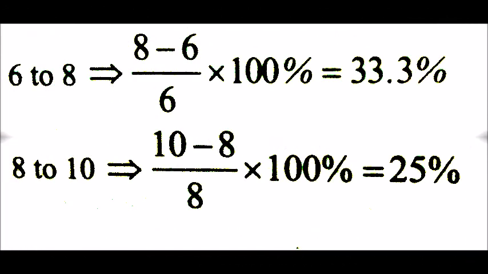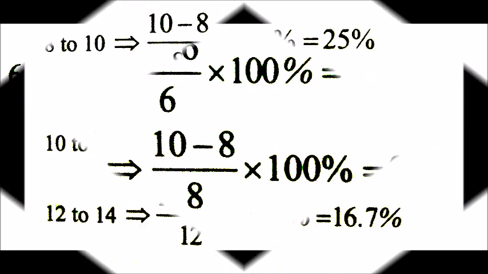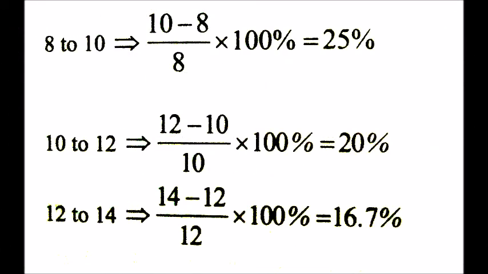Then we have 8 to 10. So it will be 10 minus 8 divided by 8 times 100% will give you 25%. Then 10 to 12, we have 12 minus 10 divided by 10 times 100% will give you 20%.